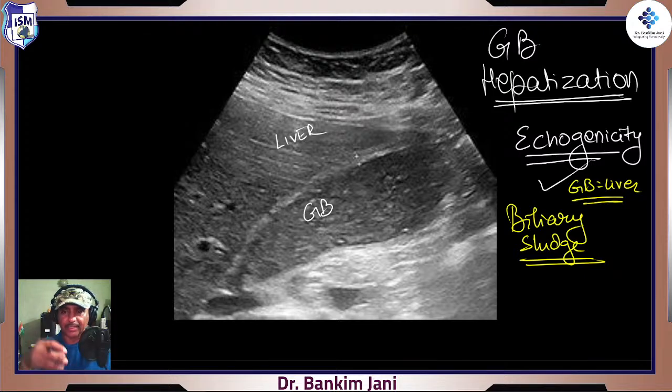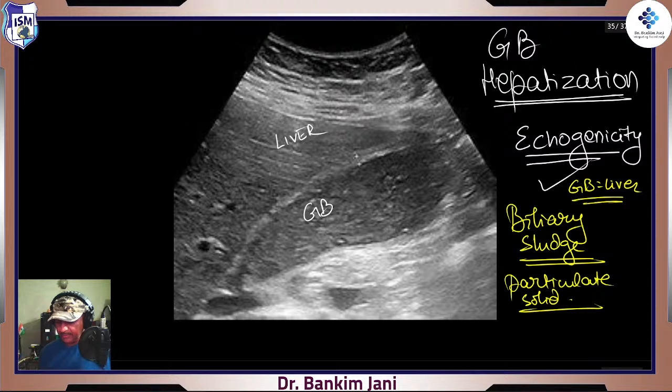So it has got cholesterol crystals and calcium salts and all those mixtures, right? So that is all the particulate solids comprising cholesterol salts and calcium, etc. So that's why its echogenicity is as good as liver.